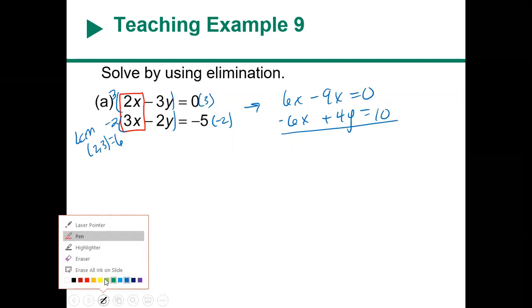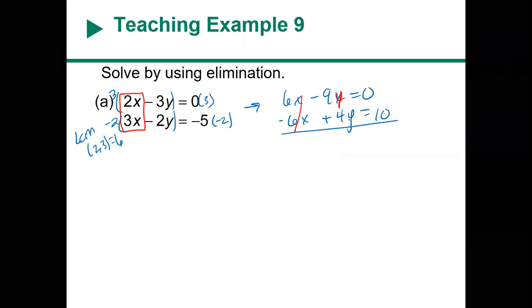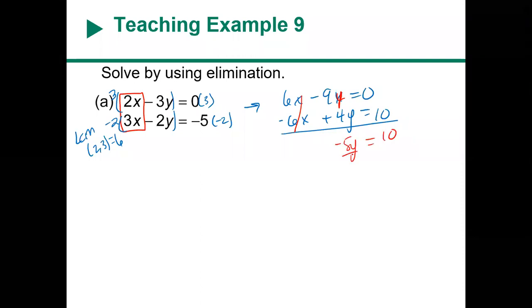So from here, I can then eliminate, combine, combine like terms. So I have negative 9y plus 4y is negative 5y equals 10. Divide by negative 5, and I get y equals negative 2. Once I find that value, I can take that value and plug into either one of the originals.